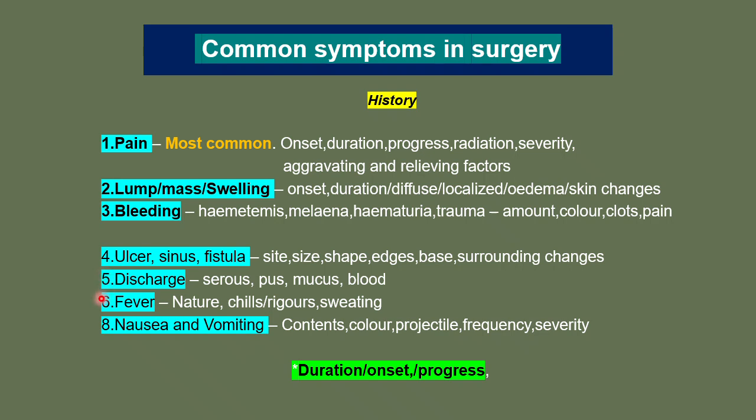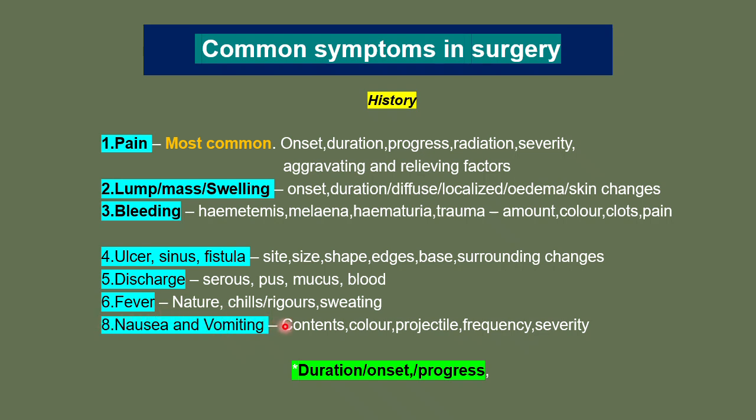Fever is another common symptom, and in fever, you must always describe the nature of the fever and its association with chills and rigors, and sweating. These are important aspects of the fever that you must document. And lastly, nausea and vomiting, especially for abdominal cases.